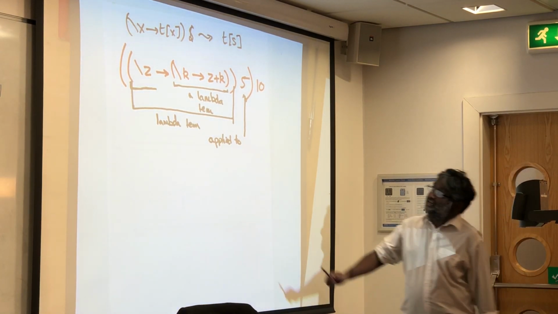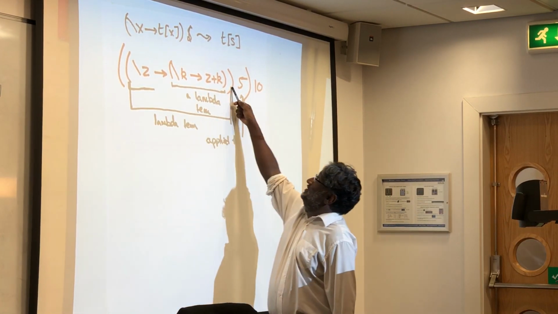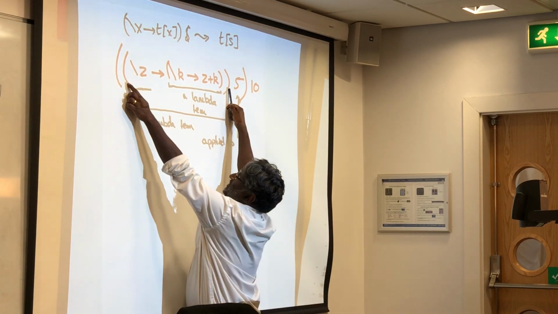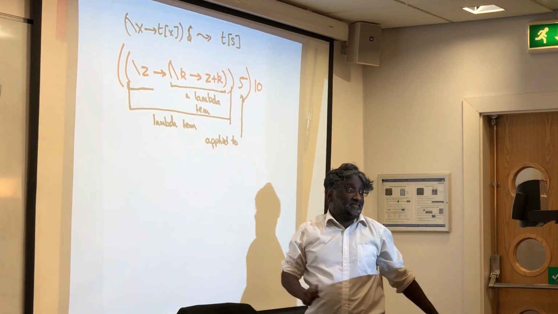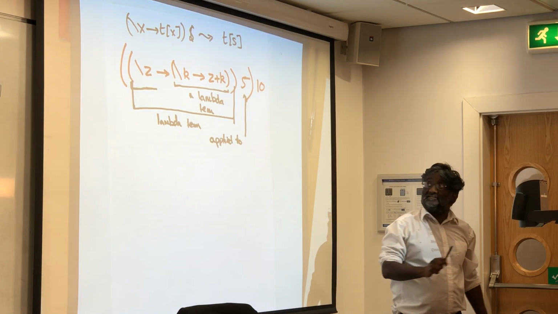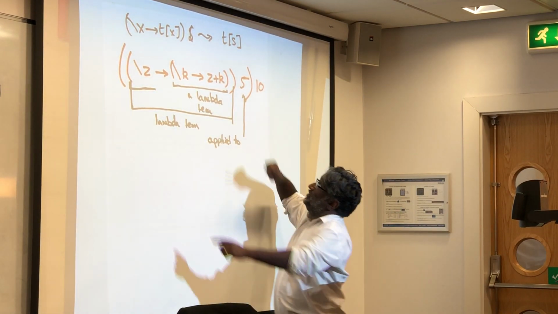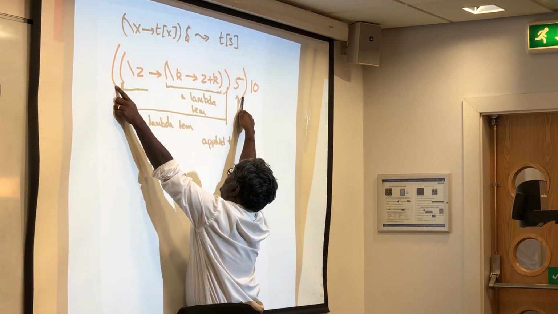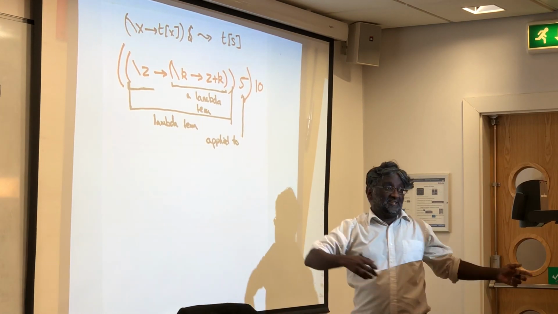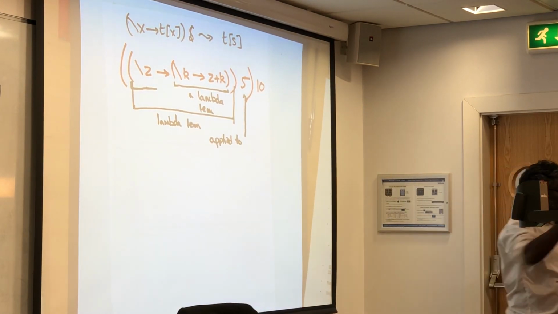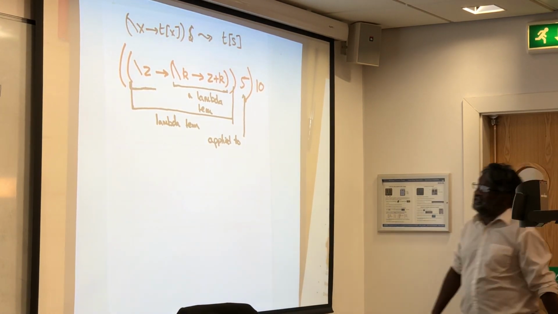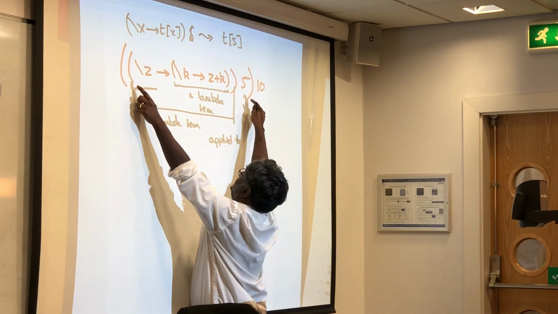So hooray! We've got a lambda term, which is here to here, and it's applied to 5. So that's a redex. This thing is not a lambda term because it's something applied to something. It doesn't immediately start with a lambda. So there's one redex, and as you correctly spotted, it's this one.